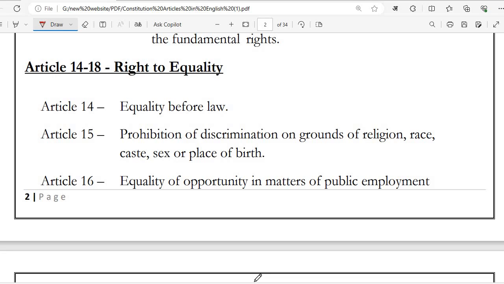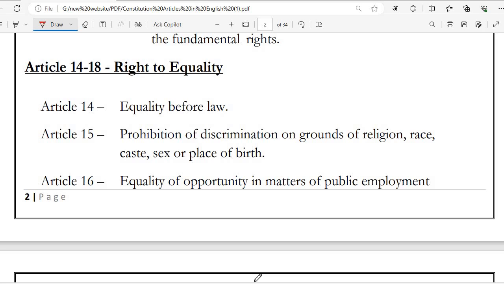Article 15 says prohibition of discrimination on grounds of religion, race, caste, sex or place of birth. It means all public places are freely open to all citizens, and the state or even a private person cannot discriminate on different grounds.